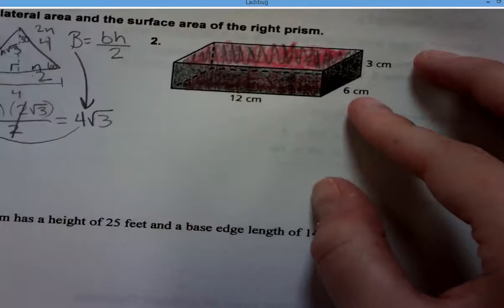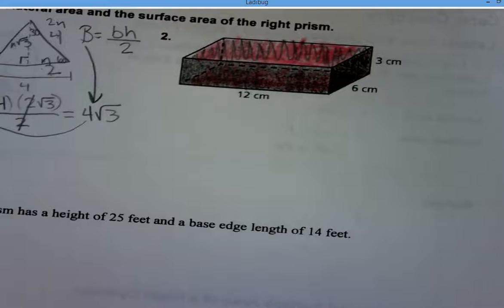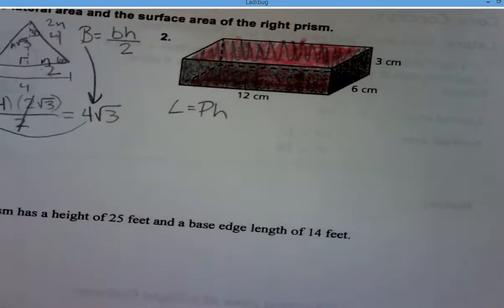Yeah, if you want to split up the different faces, that's fine, but you will have to find the lateral area. So our lateral area equals perimeter of the base times the height.